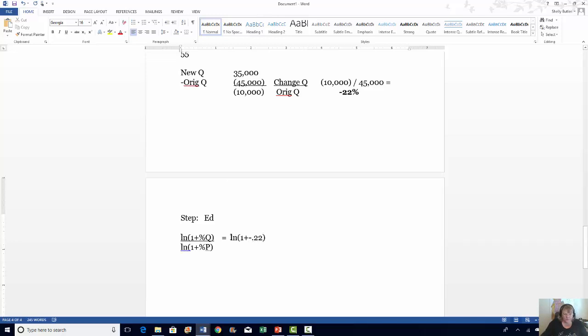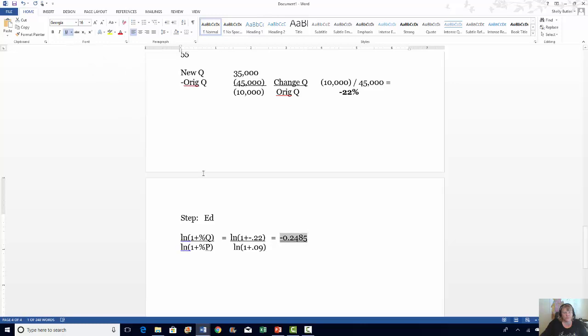Okay. Logarithm 1 plus 0.09, and that is going to give us negative 0.2485, and that's what you can do in your calculator.